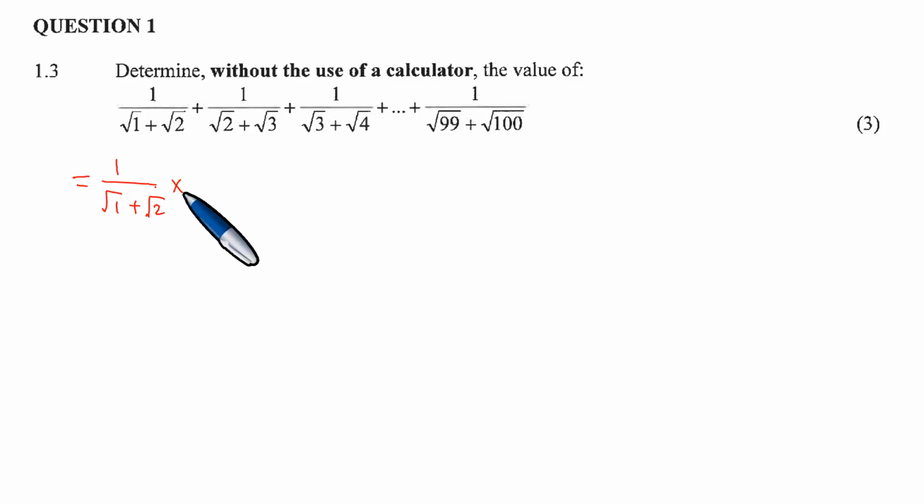So we have 2, which is the square root of 1 minus the square root of 2, divided by the square root of 1 minus the square root of 2. Look at what I've done. We have the square root of 1 plus the square root of 2 in the denominator of the first term of the series. So they gave a series in this question. What is a series?